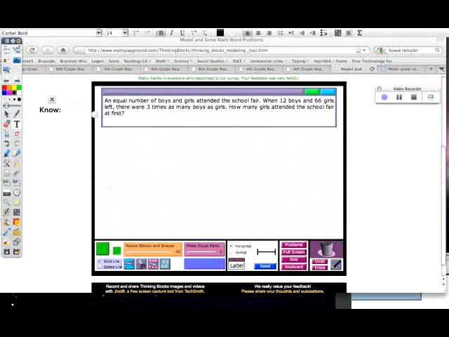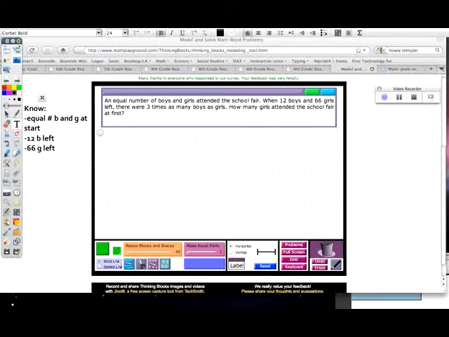We know that there were an equal number of boys and girls at the start. So I'm just going to say equal number B and G at start. However, 12 boys left, 66 girls left, so I'm going to say 12B left, 66G left.